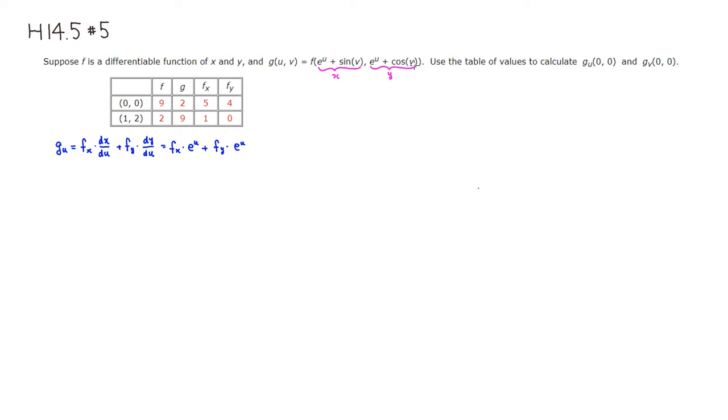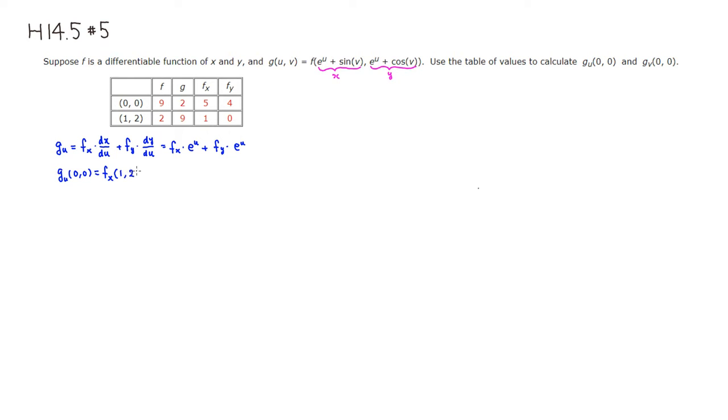So we got that. Then we want to evaluate the partial of g with respect to u at 0, 0. So u is 0 and v is 0. E to the 0 is 1, sine of 0 is 0, so you have the partial of f with respect to x at 1, comma, e to the 0 is 1, cosine of 0 is 1, so it's 2.